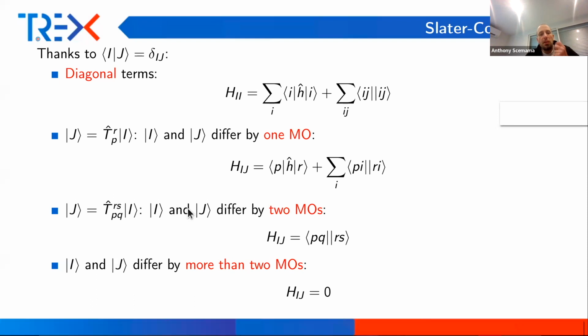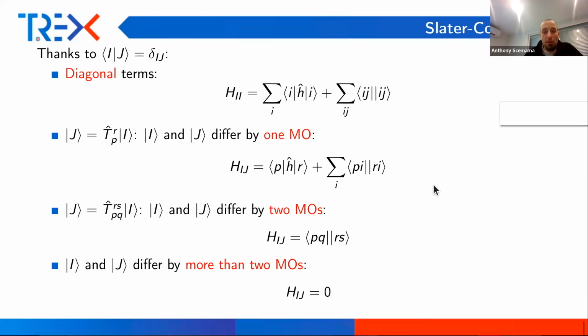If they differ by exactly two MOs, you just have to pick one integral. And if they differ by one MO, you need to make a sum of integrals, and the diagonal terms are with an expression similar to the Hartree-Fock one. So it's really simple.